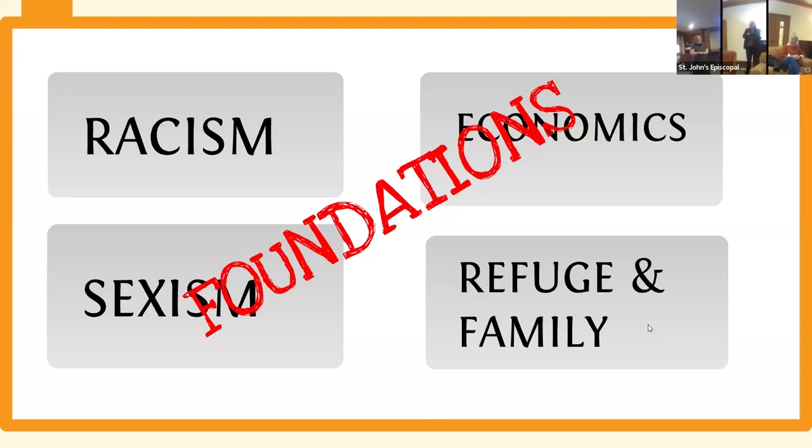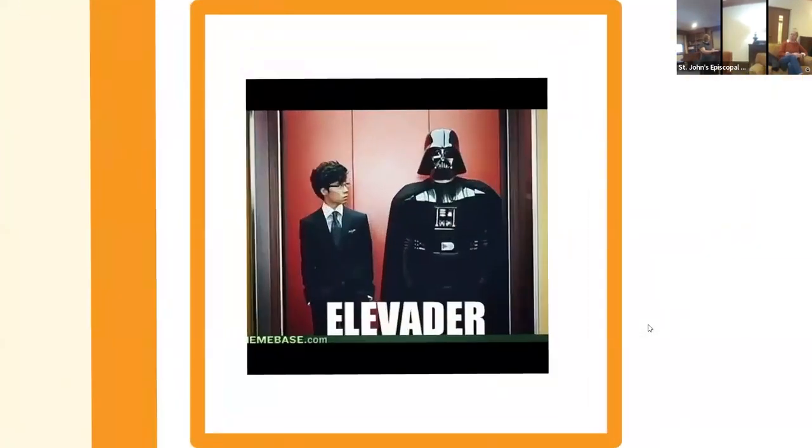But there was a long time where you couldn't be naturalized as a US citizen if you weren't white. And a lot of people weren't even allowed to come into the US if they weren't white. So there's echoes of that in all of this. Oh, and there's an elevator. So theoretically you can move from the bottom to the top, but how difficult it is depends on a lot of things.